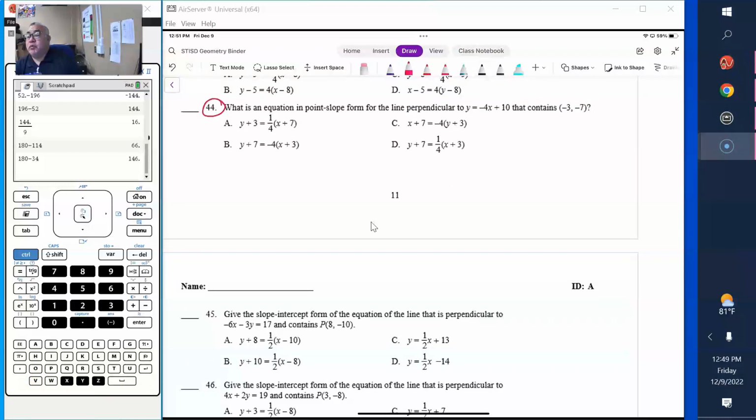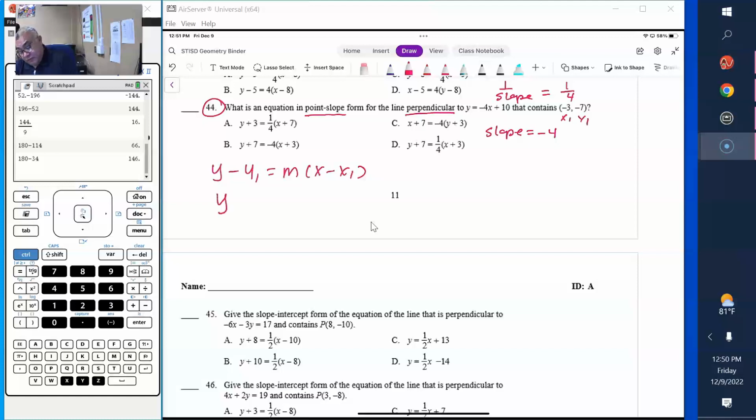What is an equation in point-slope form? So it's y minus y1 equals m times x minus x1 for the line that is perpendicular. We know that the slope is equal to negative 4. So the perpendicular slope is a reciprocal and it's positive, so it's 1/4. This is your x1, y1, so you have to substitute.